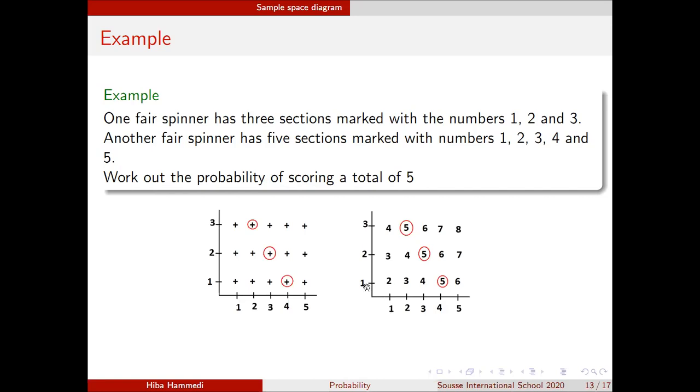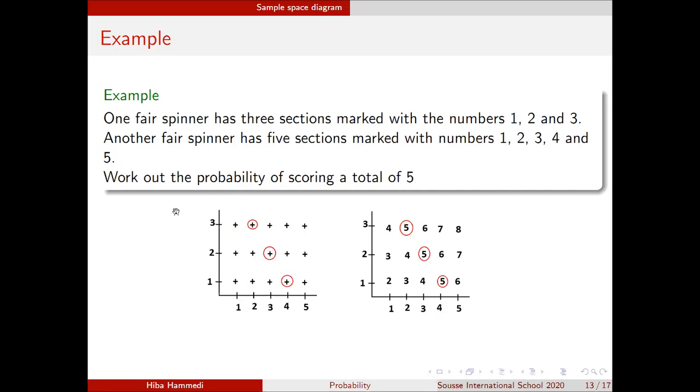So if I have 1 from the first spinner and 1 from the second spinner, the outcome should be 2 because I'm adding the two values. If I have 2 from the first spinner and 1 from the second spinner, 1 plus 2 is equal to 3. If I have 3 from the first spinner and 1 from the second spinner, the outcome should be 4. So the question is, I need to see what are all the possible ways to get 5.